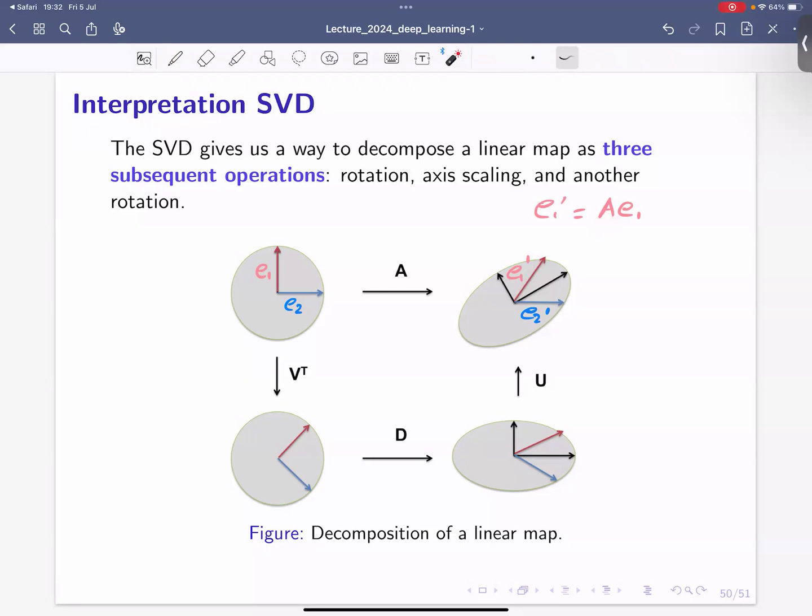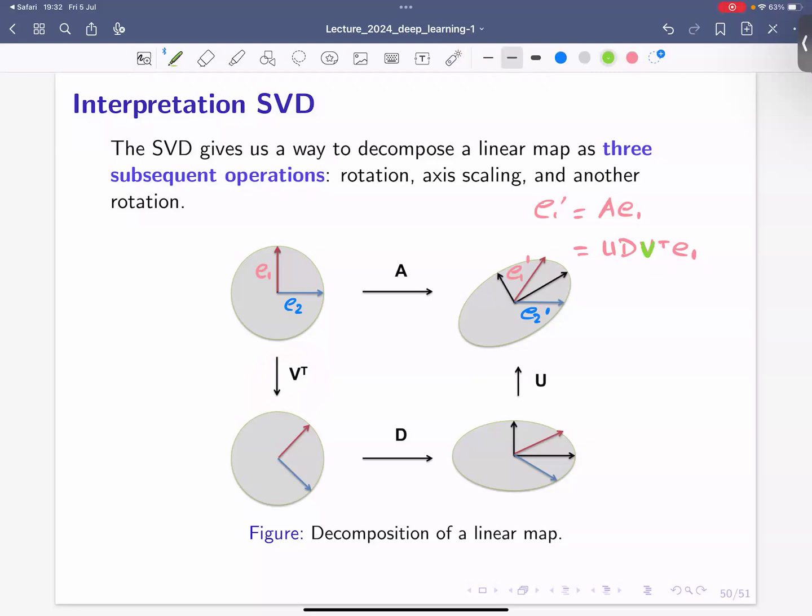But what I can do is decompose this matrix A using the SVD, right? So we said A is equal to U D V transpose. So I can understand the transformation as follows: A E1 is equal to U D V transpose E1. I can first understand it as taking my vector E1 and applying the matrix V transpose to it. So this is what we have here.